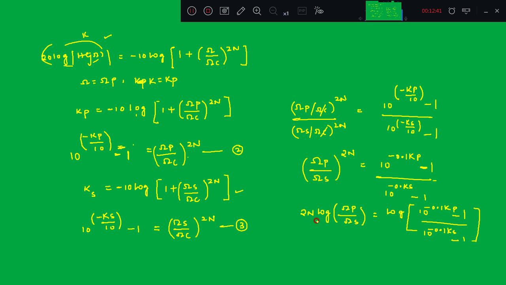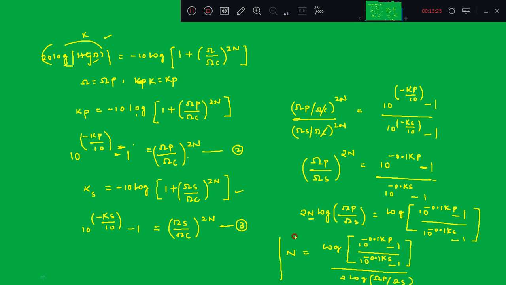Now what we want is n, so except this n, we shift all the remaining terms to the right side. You will get the expression for n equal to log of [(10 raised to minus 0.1 kp, minus 1) divided by (10 raised to minus 0.1 ks, minus 1)] divided by 2 times log of (ωp/ωs).